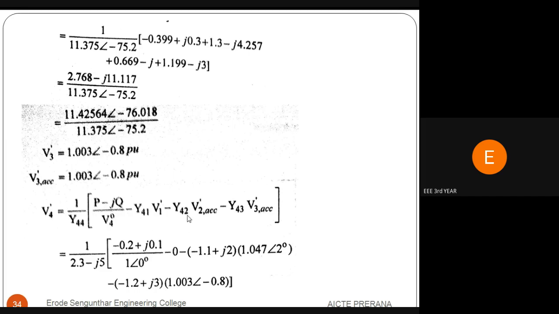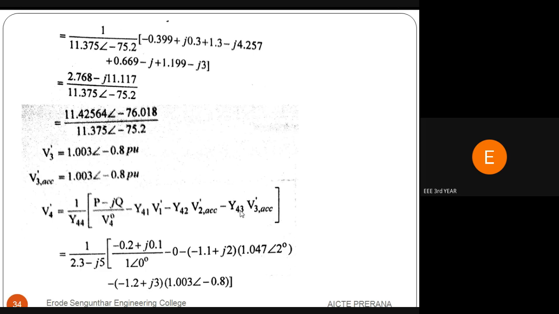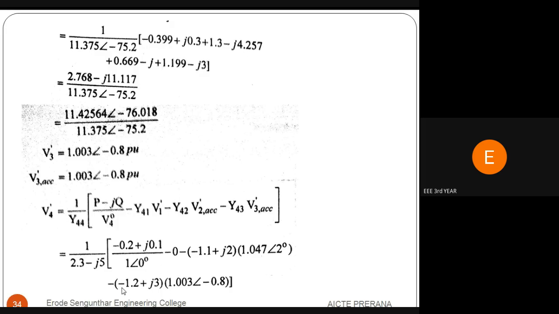Minus Y42: Y42 is taken from the Y bus matrix, that value is minus 1.1 plus j2, into the V2 new value that we calculated already, 1.047 at an angle 2. Minus Y43: Y43 is taken from the Y bus matrix, minus 1.2 plus j3, and the V3 new value that was calculated should be substituted here, that is 1.003 at an angle minus 0.8.